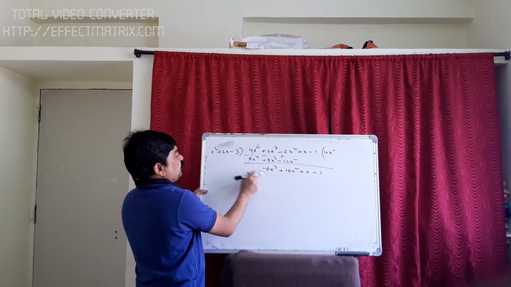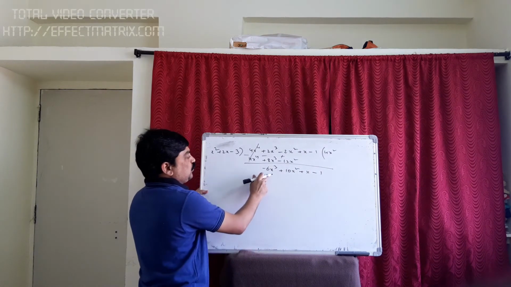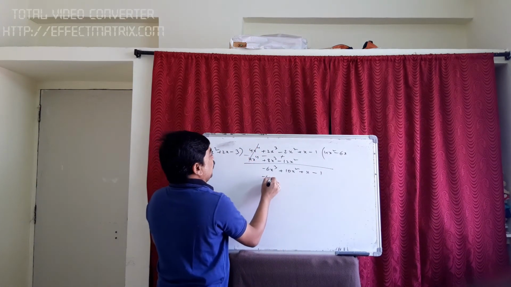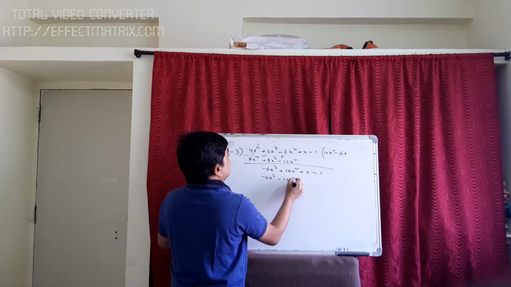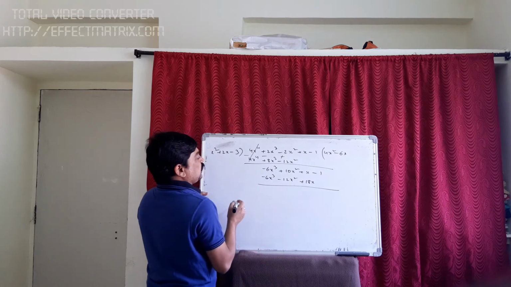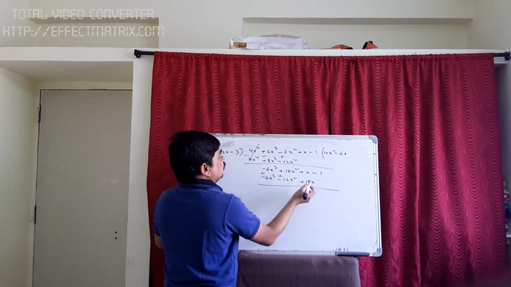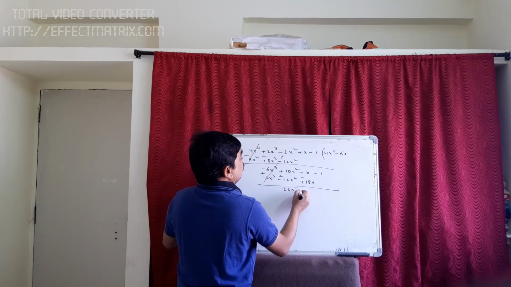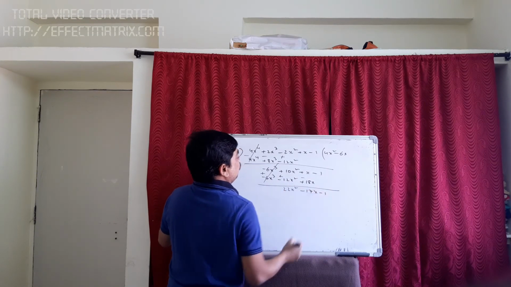Now, see the first and the first. With what value should this be multiplied? Minus 6x, with all the 3. Minus 6x cube minus 12x square plus 18x. Subtract it. Change the symbols. This becomes 22x square minus 17x minus 1.